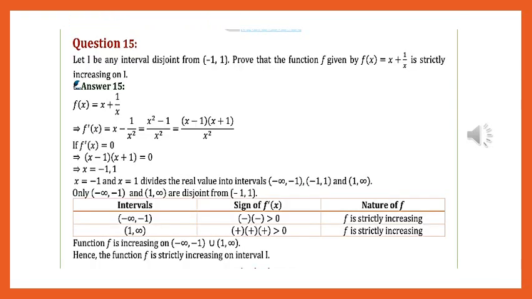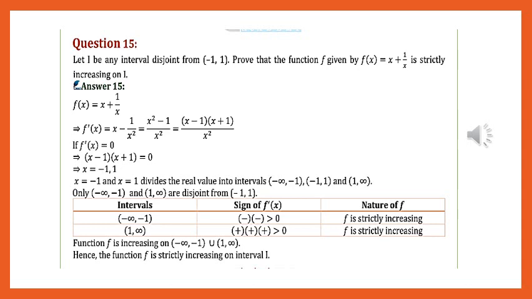Question number 15. Let I be an interval disjoint from minus 1, 1. Prove that the function f of x equal to x plus 1 by x is strictly increasing on I. I is the interval. So find out f dash x, equate it with 0. See the sign of f dash x in each of the sub-intervals.